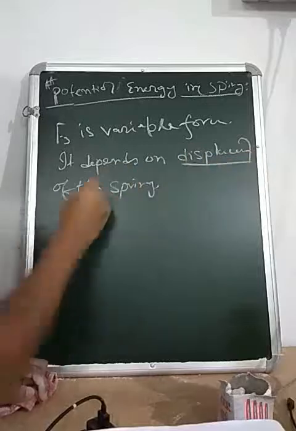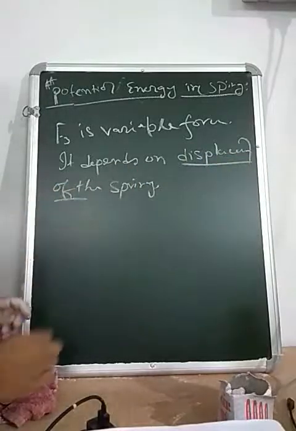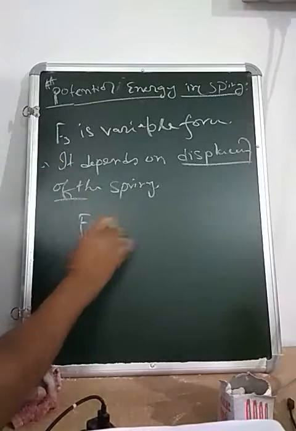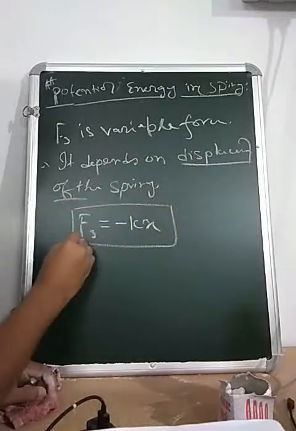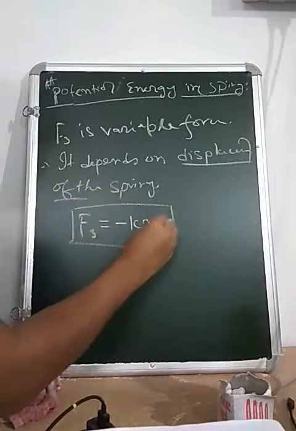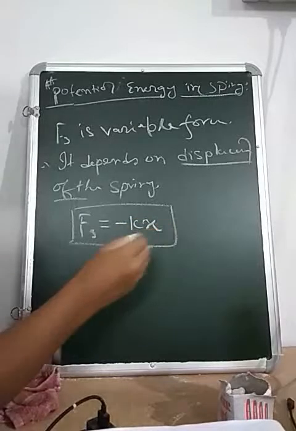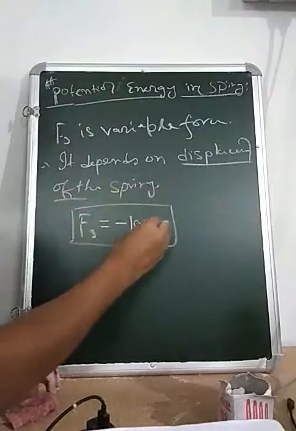Displacement means the amount of extension or the amount of compression of the spring. So Fs we can write as equal to minus kx, where x is the displacement of the spring, either how much the spring is compressed or how much it is expanded. This is x.